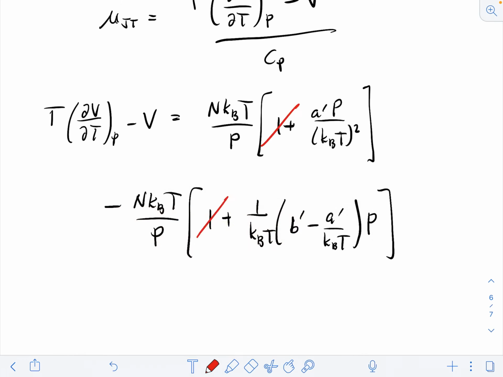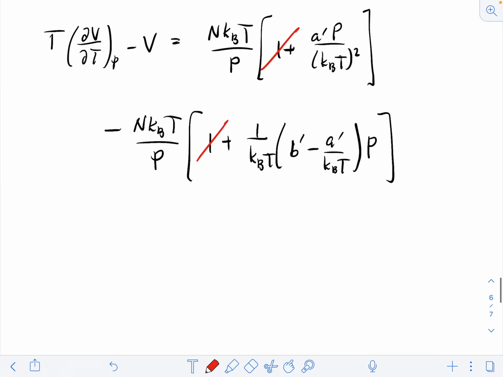the 1 terms cancel because we're taking the difference. And so what we're left with then is N k_B T over P, and then we have A prime P over k_B T squared. In the second term, we have an A prime, we have k_B T squared and P, and we have 2 minus signs.